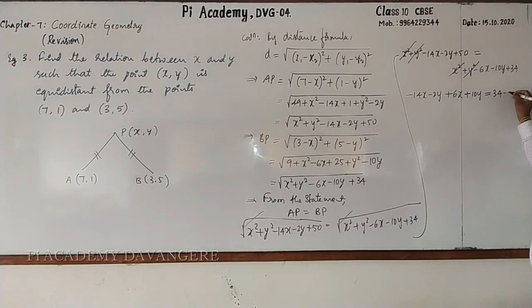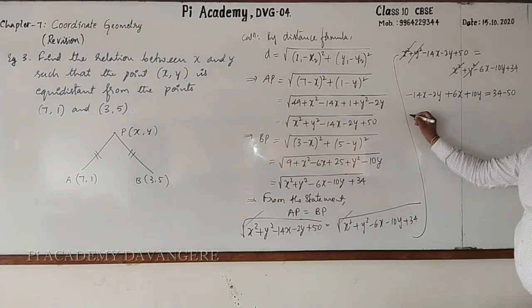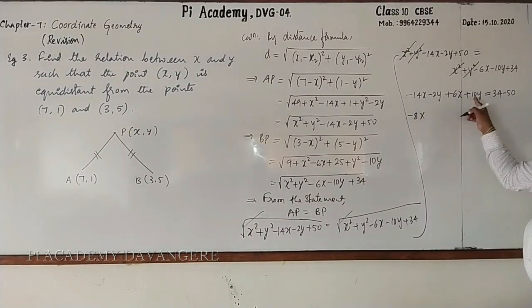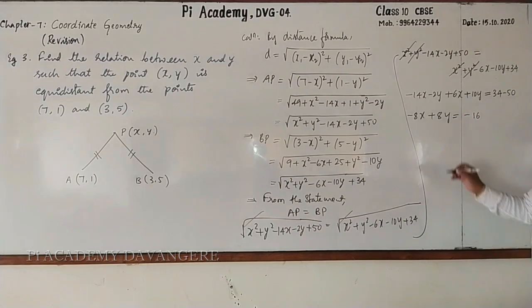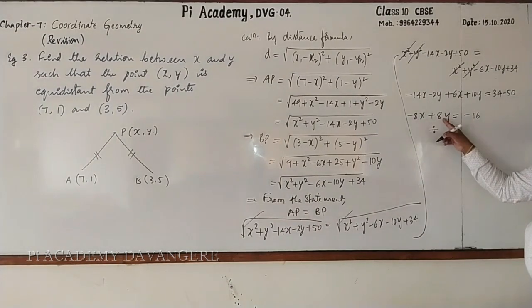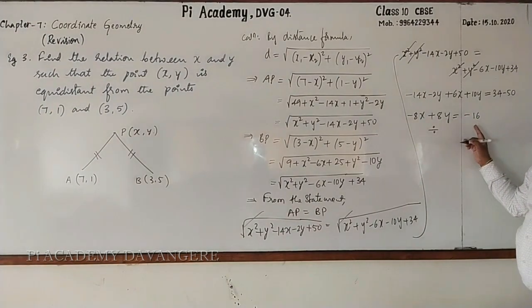Transfer 50 to the right hand side, minus 50. Then minus 14x plus 6x is minus 8x. Minus 2y plus 10y is 8y. Is equal to 34 minus 50, it is minus 16. You can see that 8 and 16 are all multiples of 8.